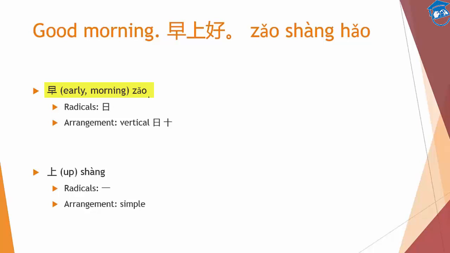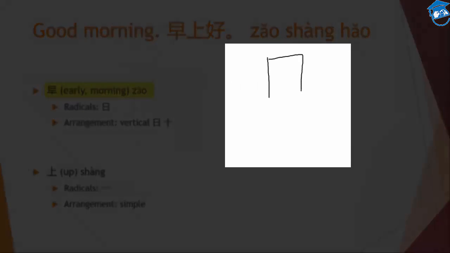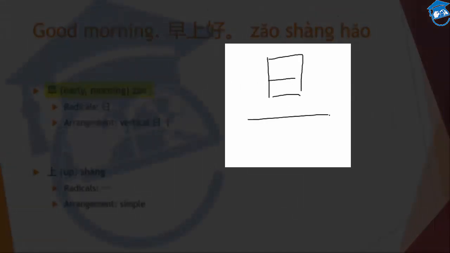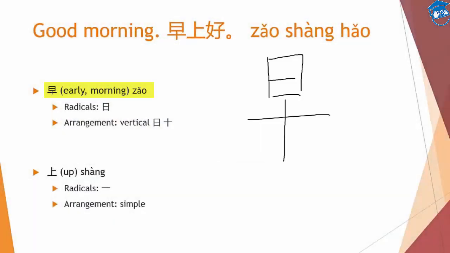And this is the pinyin, and the radical is what's on top, and it's arranged in vertical fashion, which has the top component and the bottom component. So this is how I write this. 1, 2, 3, 4, 5, and 6. This is 早, morning or early.